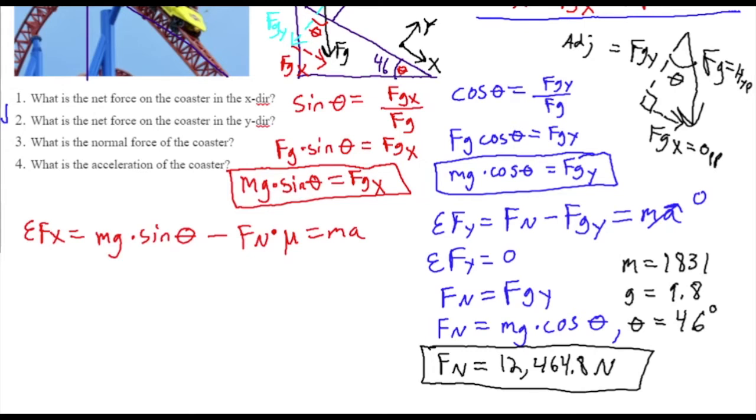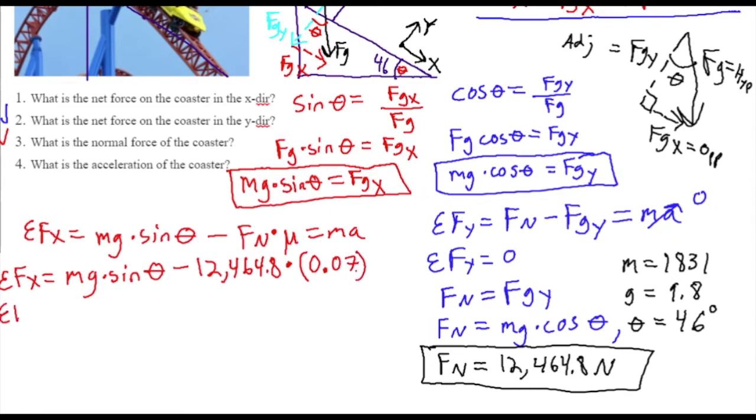Alrighty, now that we have force normal, we can finally go back to our net force equation in the x and solve for it. So net force in the x direction is going to be equal to mass times gravity times sine theta, because that's our force gravity x, minus force friction, which is force normal, which we just solved for, 12,464.8 times the coefficient, which is given to us in our problem, and that's 0.07.